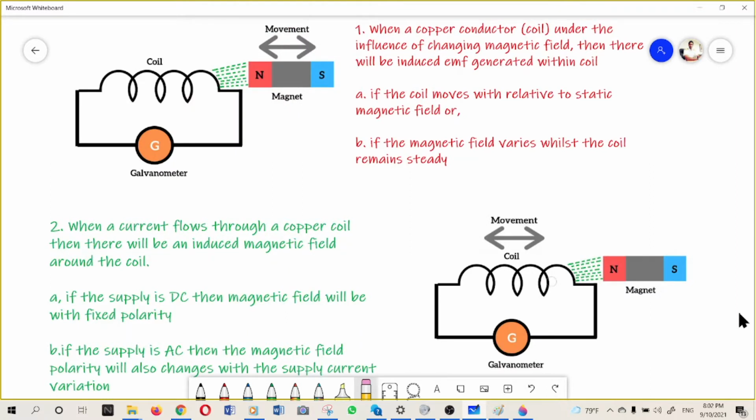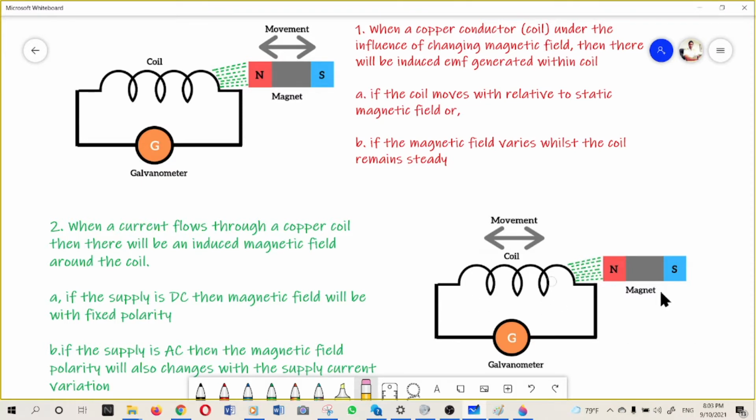So we can summarize this as follows. When a copper conductor, a coil, is under the influence of a changing magnetic field, there will be an induced EMF generated within the coil. In the first case, the coil moves relative to a static magnetic field.